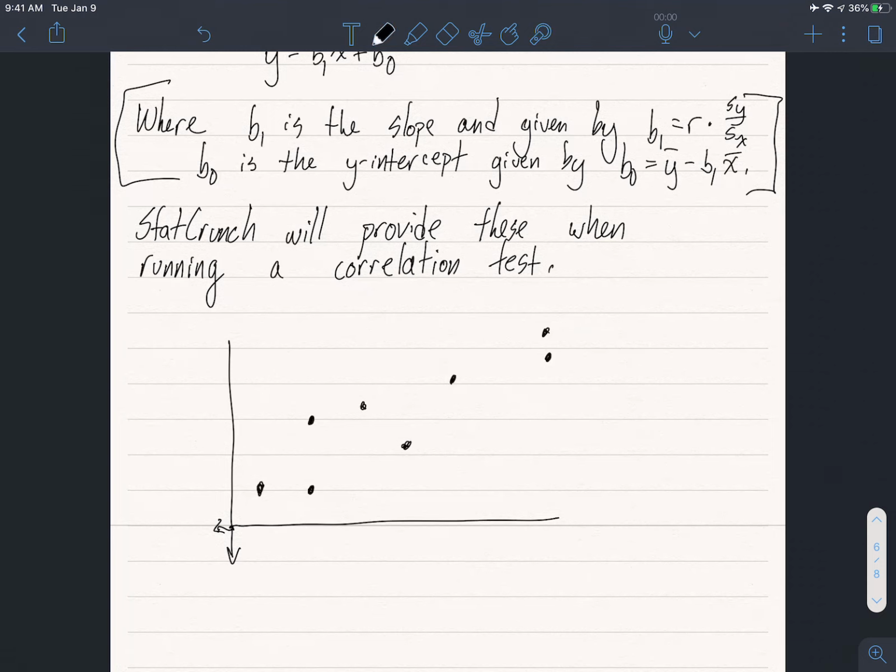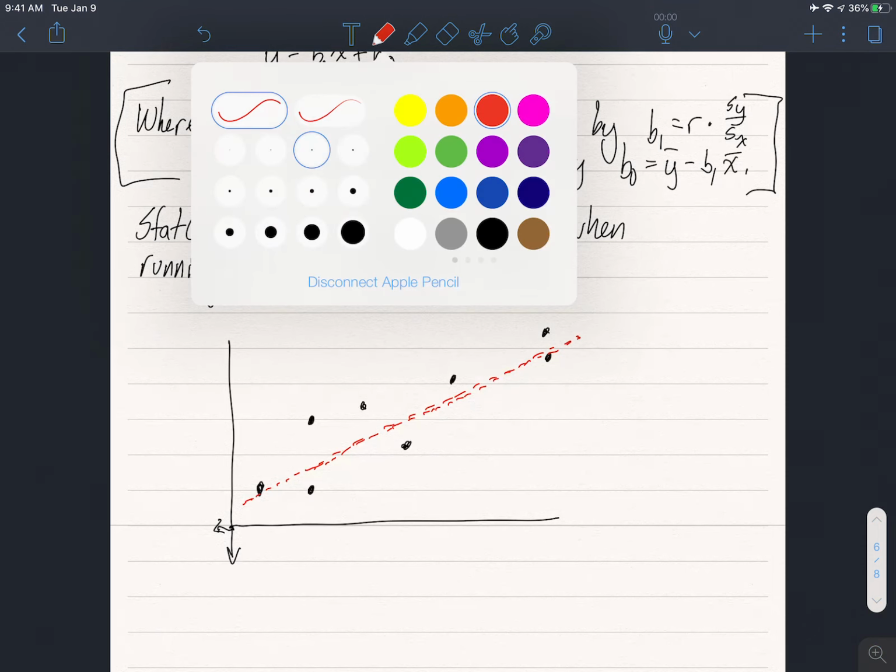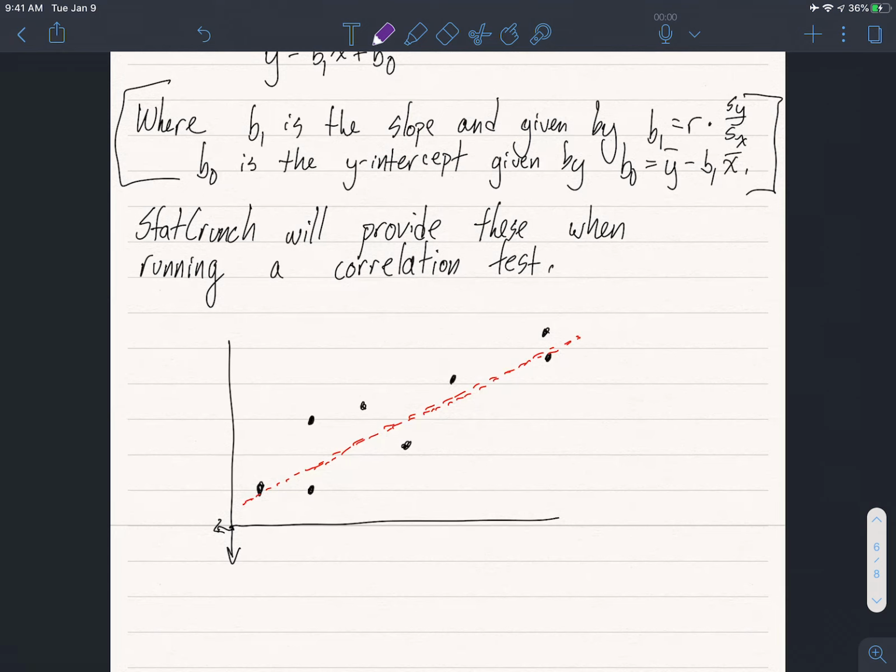Let me try to plot that line. I'll make it a dotted line. They kind of follow this one, I'd imagine. That's not perfect, but that's about it, right? And there's actually a lot of lines I could estimate. I could guess that one, or they could follow this one in purple.